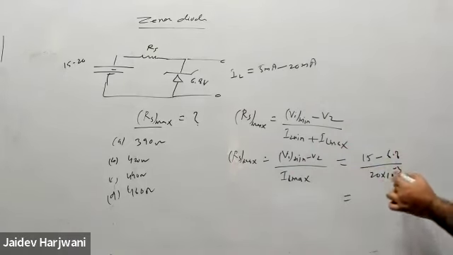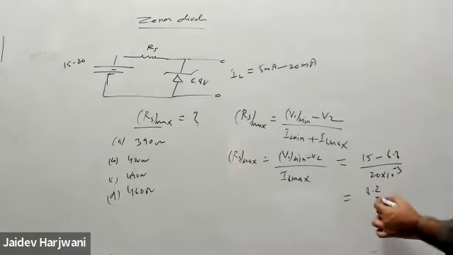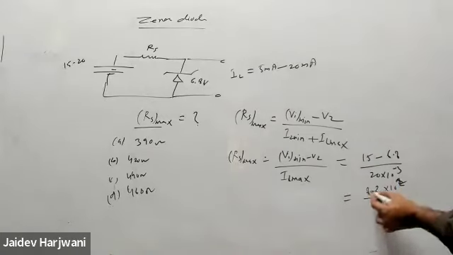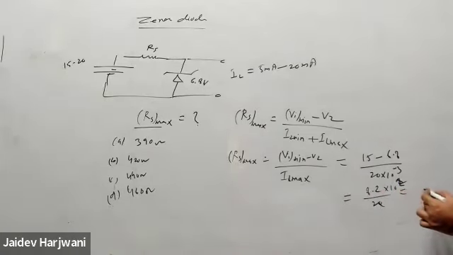So this is 8.2 over 20 milliampere, which is 8.2 thousand over 20. This cancels 2, and 8.2 means 4.1 and 100, so 410 ohm.